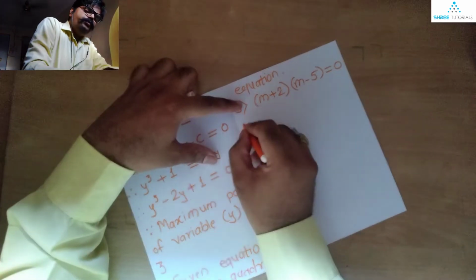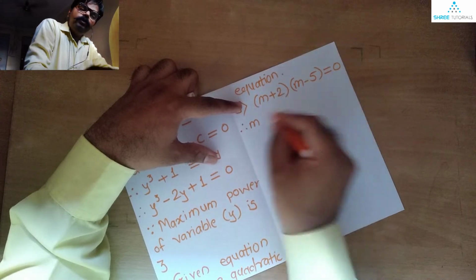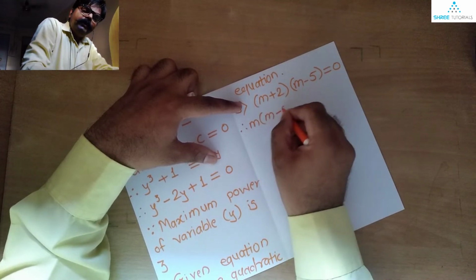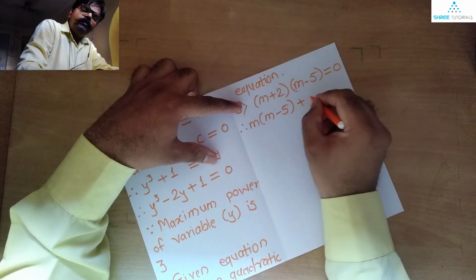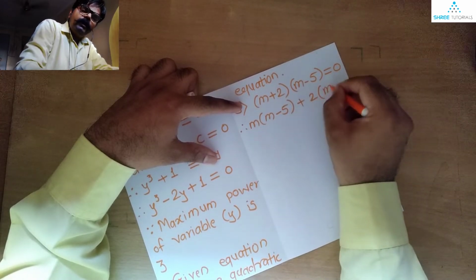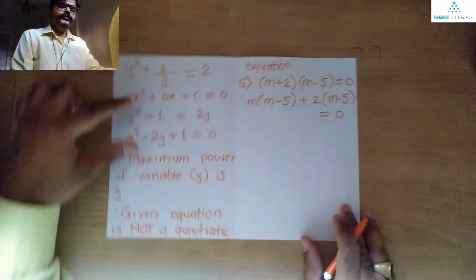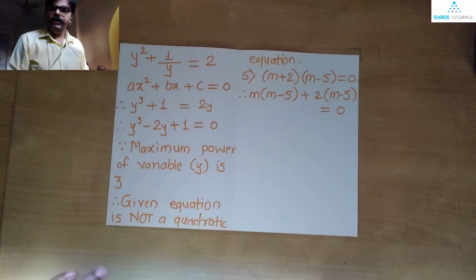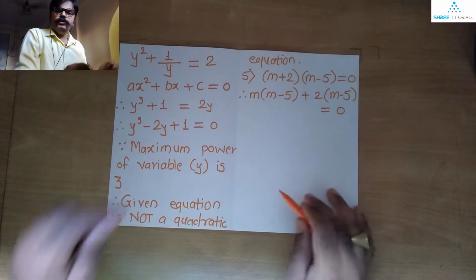Therefore this m will multiply both of these, therefore m minus 5 plus, then thereafter 2, then again m minus 5 is equal to 0. That's what we have written over here. Now we are going to multiply this m to both of them.